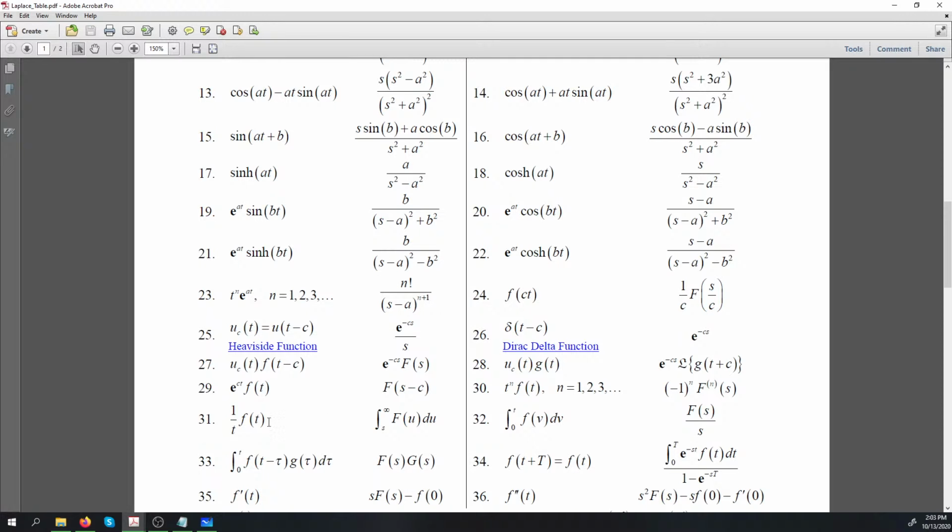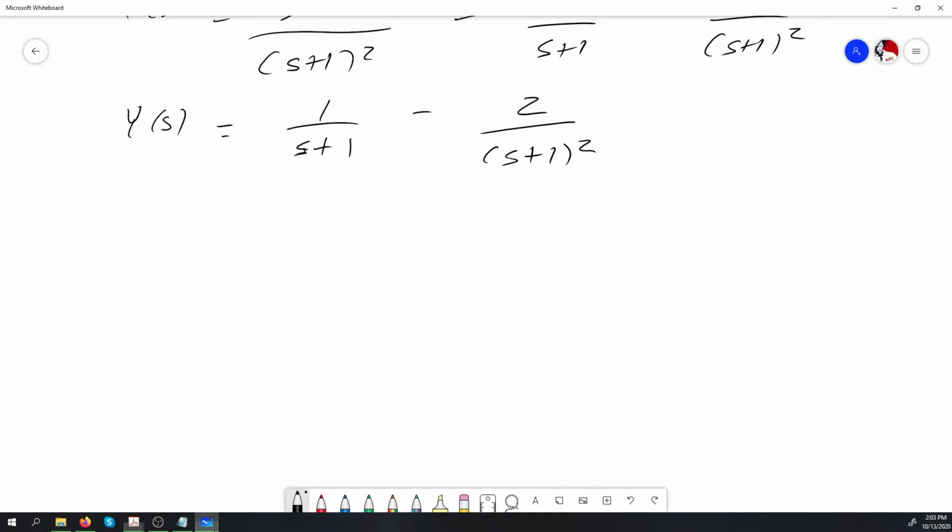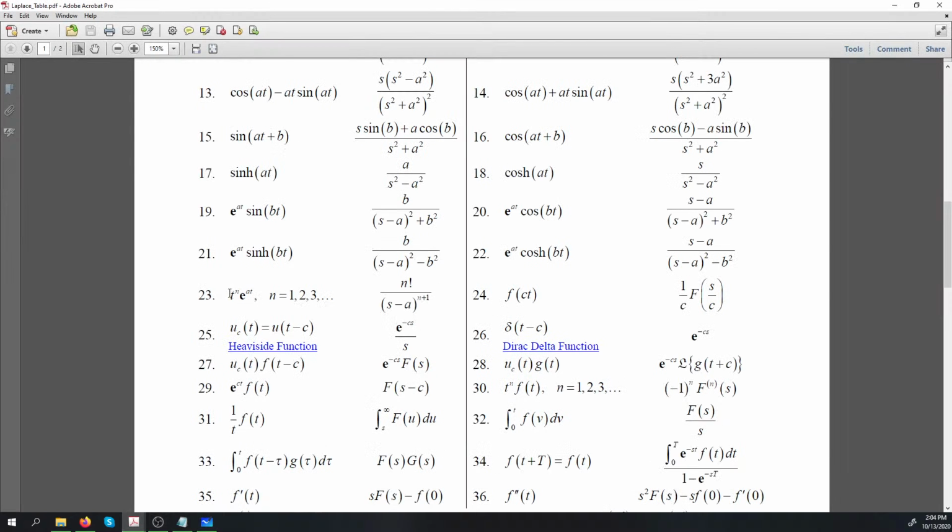This suits our second part of the equation, which is 2 divided by s plus 1 all squared. So this maps back to our transform here of t to the n e to the at.